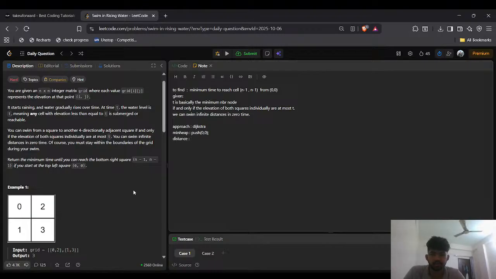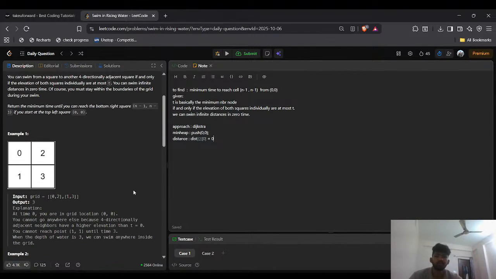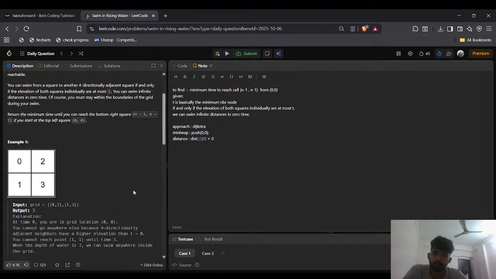Of course, we need distance, and of course we will set the distance of 0,0 equal to 0. The minimum time will be in the grid.